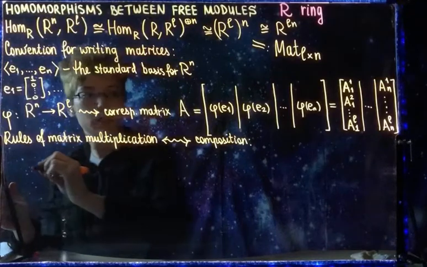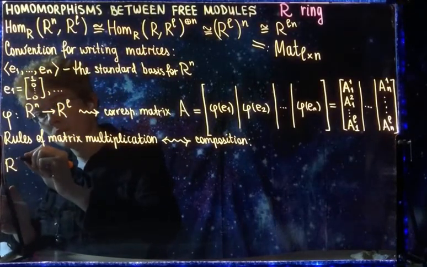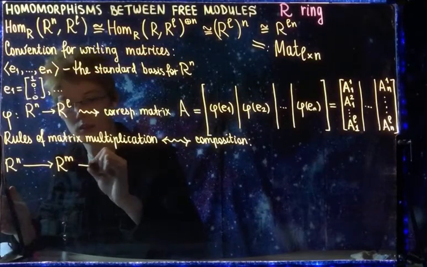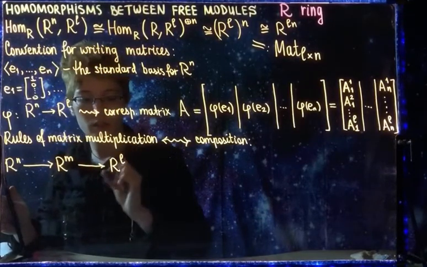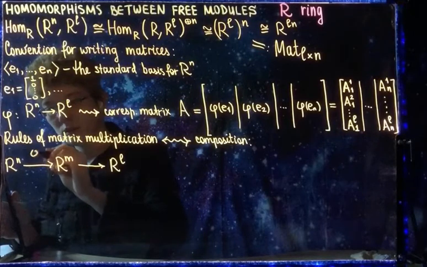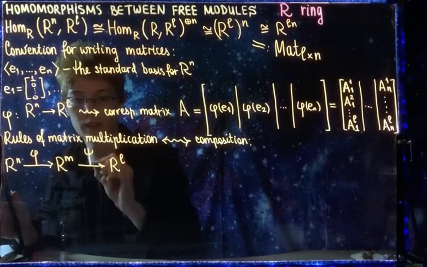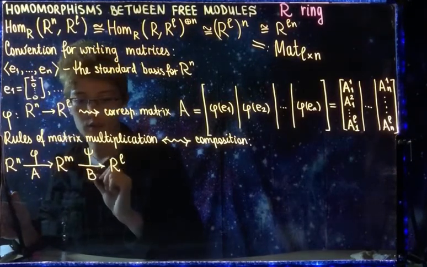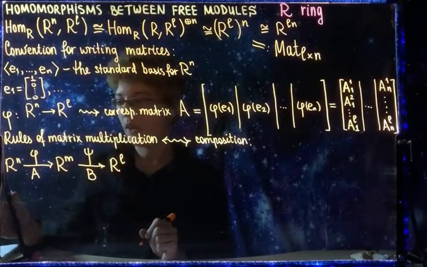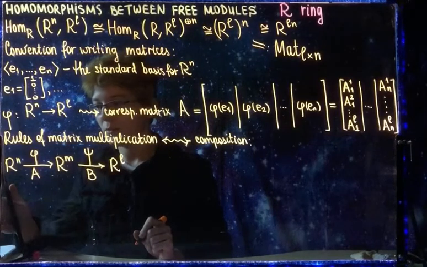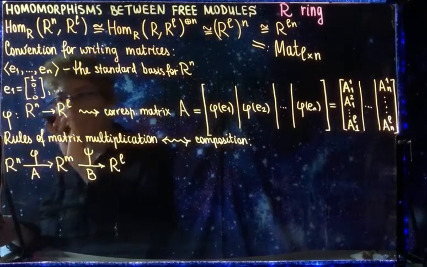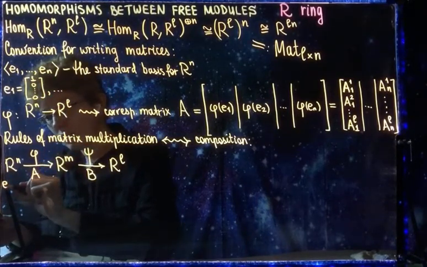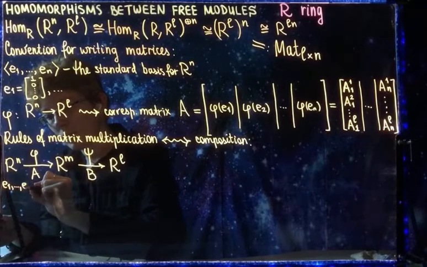So let's say that we have now three modules Rn, Rm, and Rl with the homomorphisms phi and psi, whose corresponding matrices are A and B. And let's say, for the sake of the argument, that the standard basis in Rn is E1 through En.